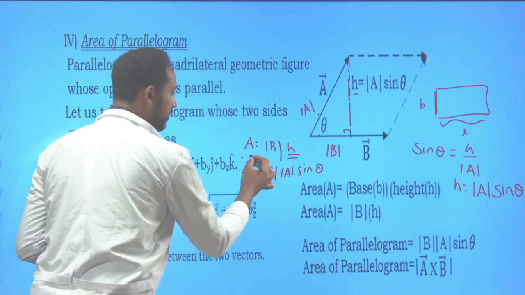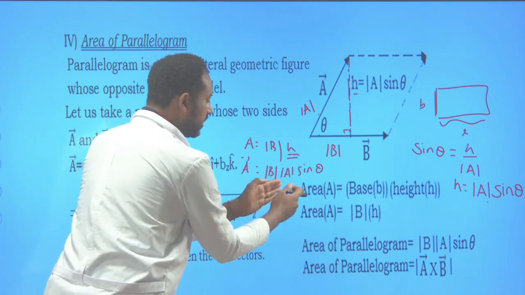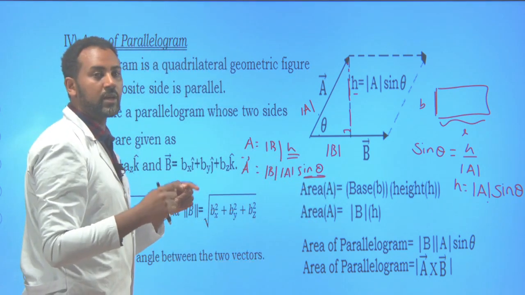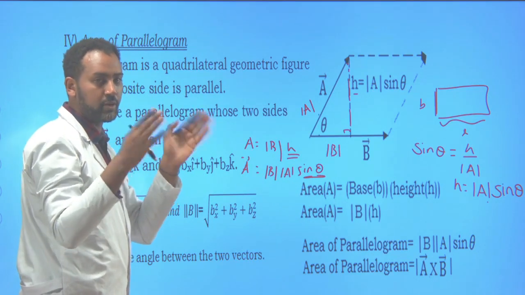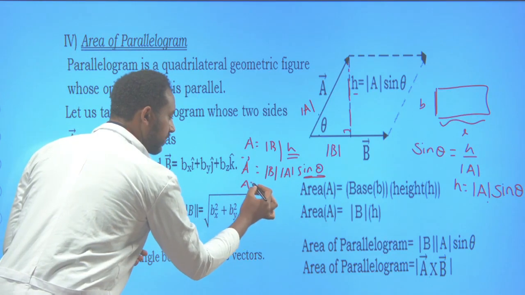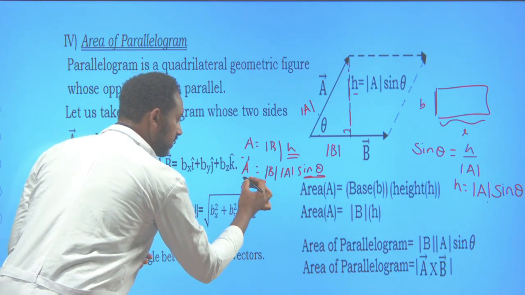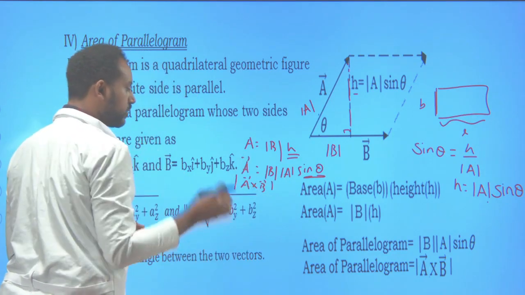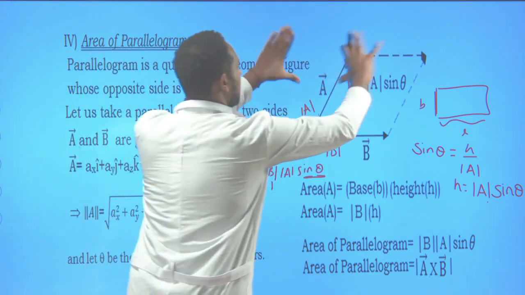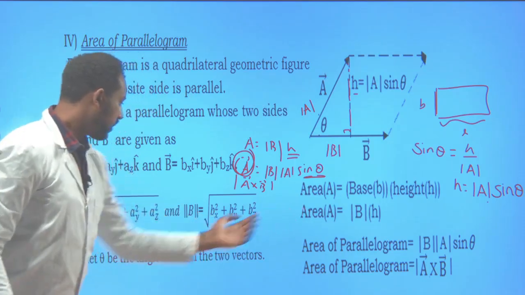The magnitude of A times the magnitude of B sine theta means you are determining the magnitude of the cross product of the two vectors A and B. The magnitude of A cross B, when you determine this, gives the area of the parallelogram. This is what it says.